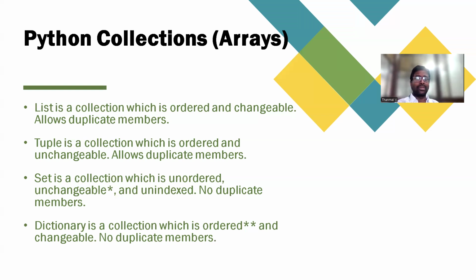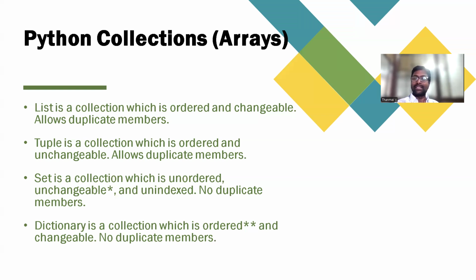In a dictionary, you can't use duplicate values. In case of a list and in case of a tuple, you can use duplicate values.